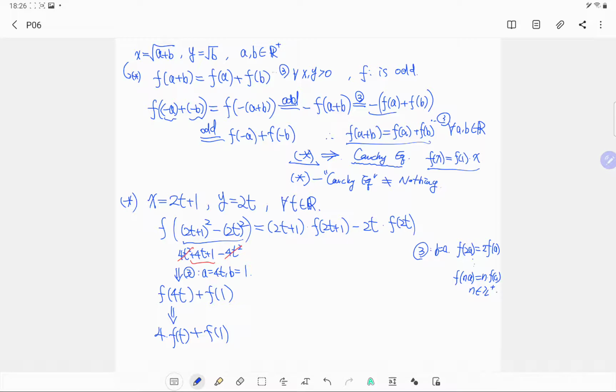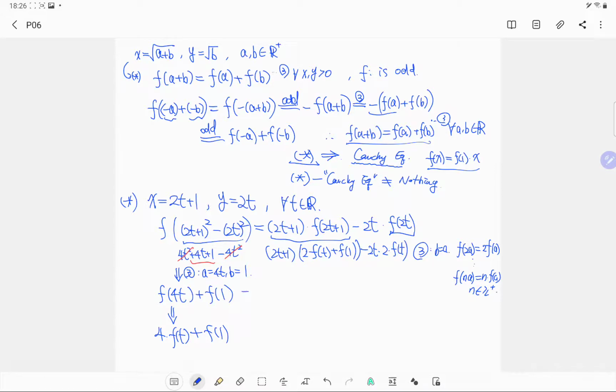So on this side, we have this expression. So similarly, f of 2t plus 1 would be 2 times f of t plus f of 1. Similar to the left side. And then this is 2t plus 1. And then minus, for this one, it is 2t times 2 times f of t.